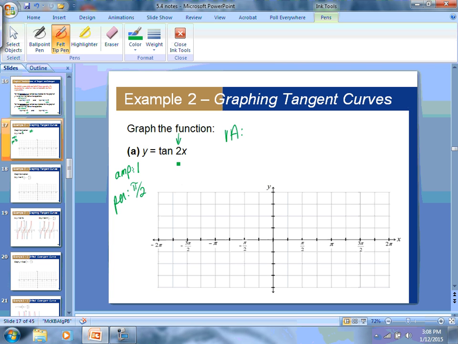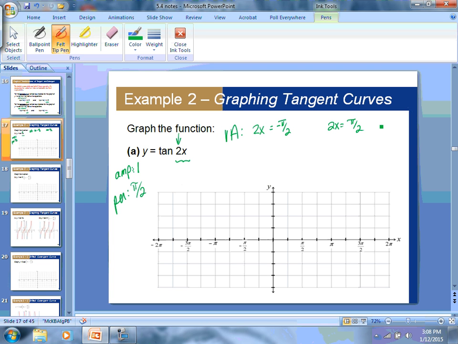So we're going to take this whole 2x value and set it equal to the values where a tangent function is undefined. And remember, those are negative pi over 2 and pi over 2.